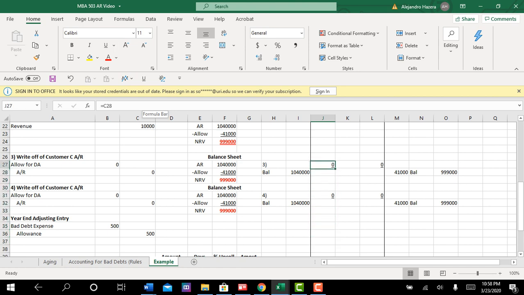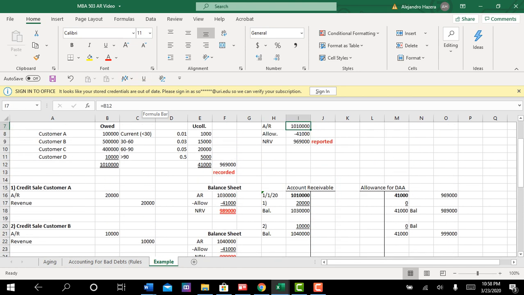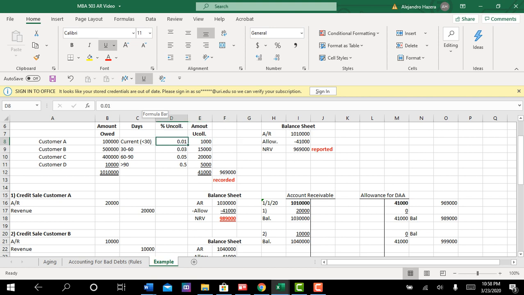Remember that customers A and B had fairly decent credit records. B not so much, but good enough. But Customer C tends to be a little bit of a freeloader. So what we're going to do is assume that customer C decides not to pay.